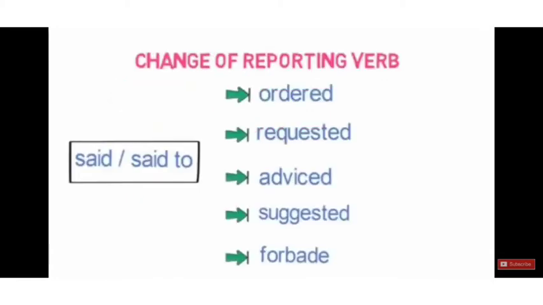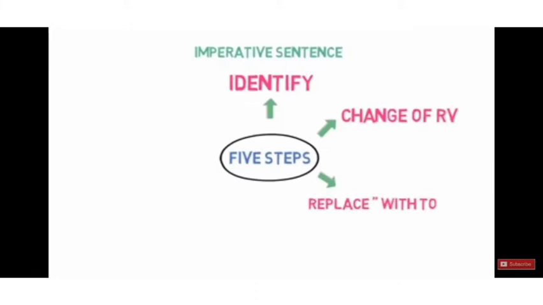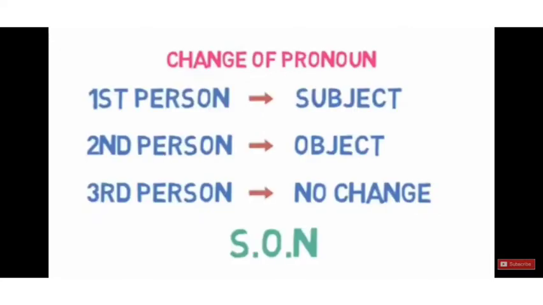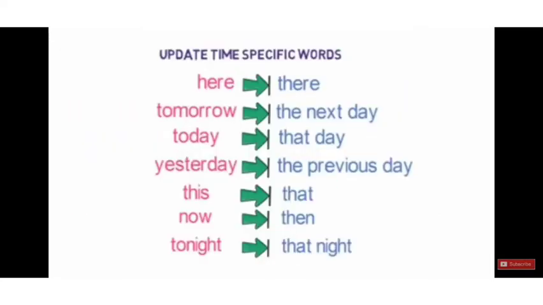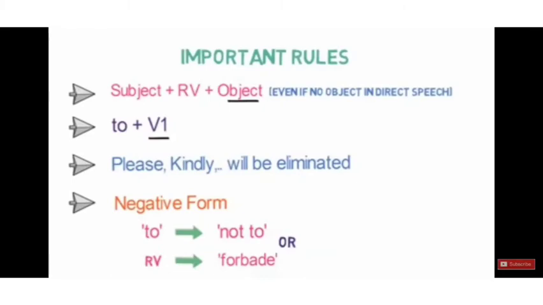Step 2 is change of reporting verb as per this workflow. Step 3 is replacement of inverted commas as per this workflow. Step 4 is change of pronoun as per this workflow. Step 5, change of the word denoting time as per this workflow. Then we learned rules.